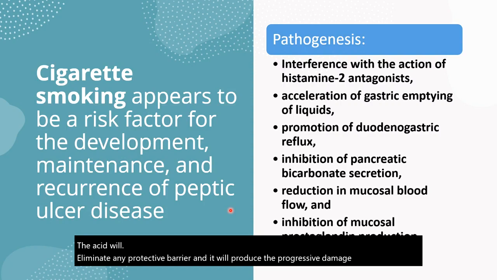It will also reduce the blood flow in the mucosa. It will produce an acceleration of the gastric emptying of the liquids plus the acid. So that acid will go to the duodenum earlier. And remember, the duodenum is not prepared to receive that amount of acid.